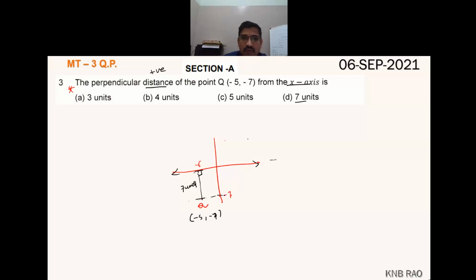Without plotting this graph, just by looking at the y coordinate, you can say the perpendicular distance from this point Q to the x-axis is that y coordinate, but not just straight away taking that coordinate. You have to take the absolute value. Absolute value means the positive value of it. So 7 units is the right answer.